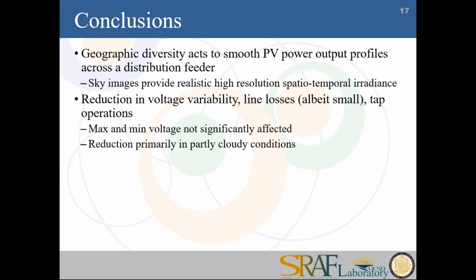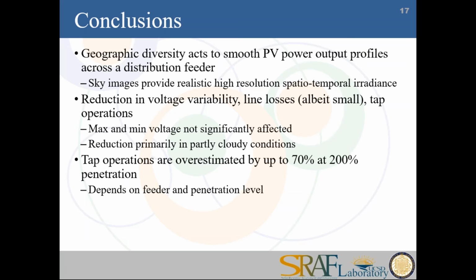Then we see that there's a change in the voltage variability, so the tap operations, if we go from using the same irradiance input to every PV system versus using a sky imager map to have a unique input for each power system.